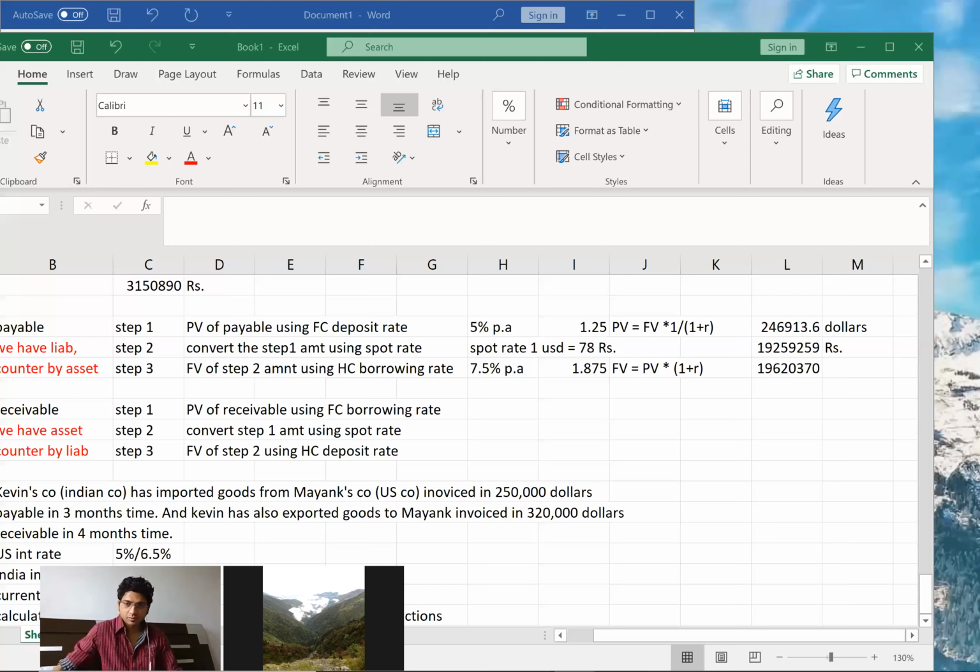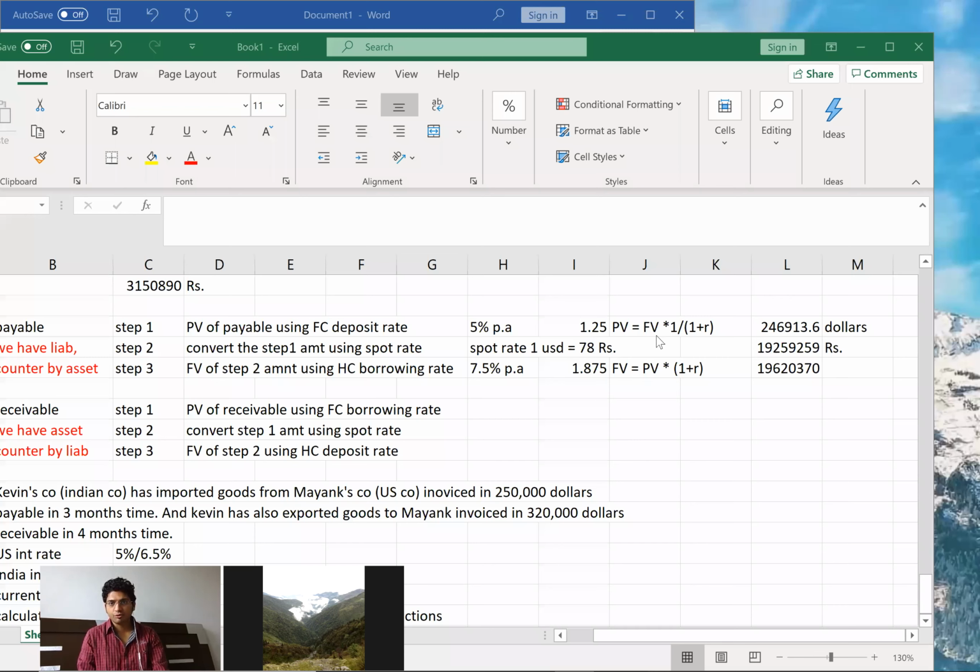See if you understood this. So foreign currency deposit rate. Since we are doing a payable sum, the foreign currency, USA deposit rate was 5%. Correct, but 5% was per annum. We converted to 3 months.